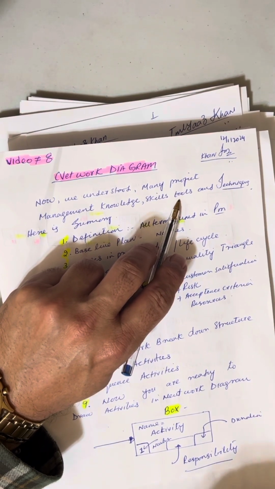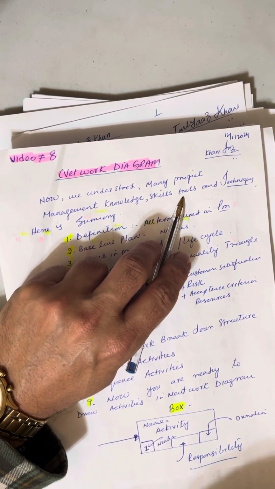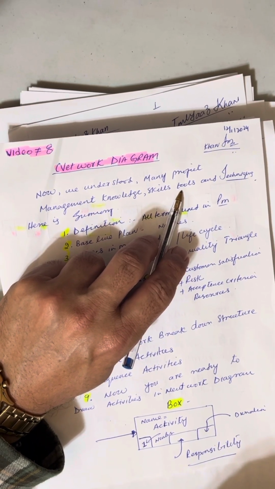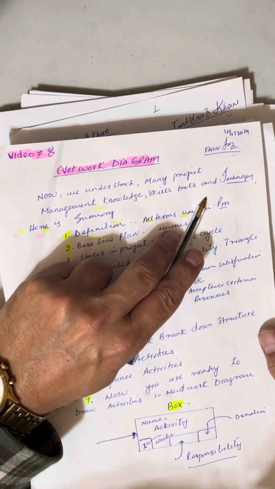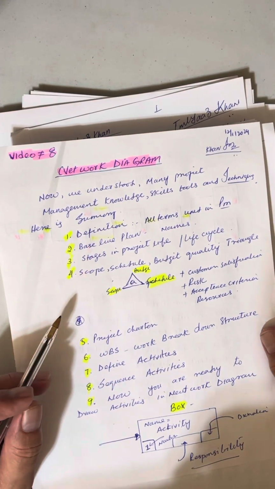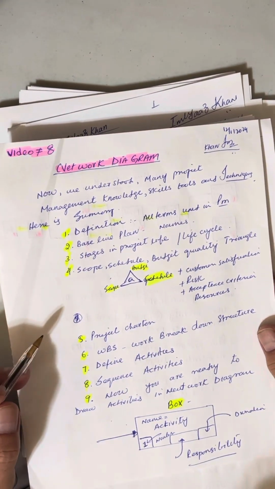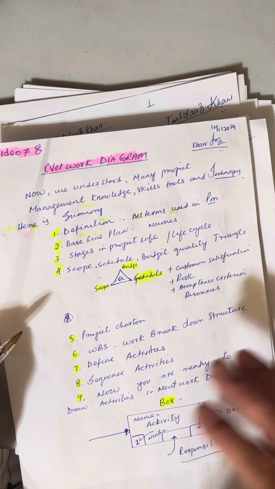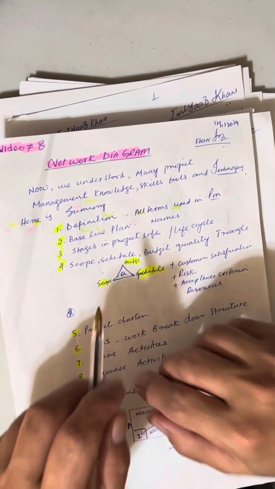The network diagram, the duration, and the resource activity come in the tools. These are the tools and techniques which you will be using in your project as a project manager or project team member. So here is the summary of what we have covered so far.